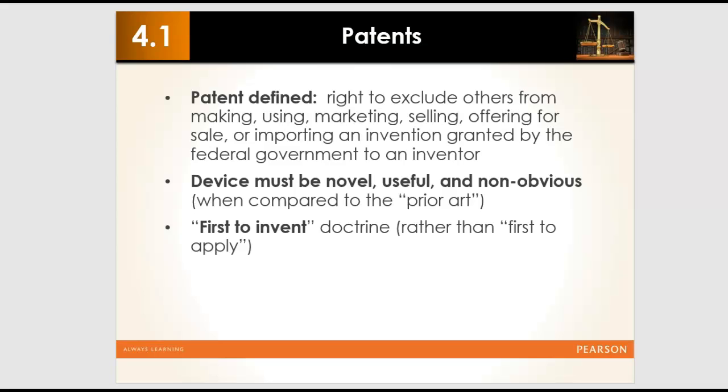So if your invention becomes prior art, it is no longer non-obvious, if it's 1 year after you made it public. So it's very, very important when you invent something, maybe you don't want to apply for a patent because you don't know if your invention will be successful or not, but you have to be very careful while making it public and the time you take to apply.